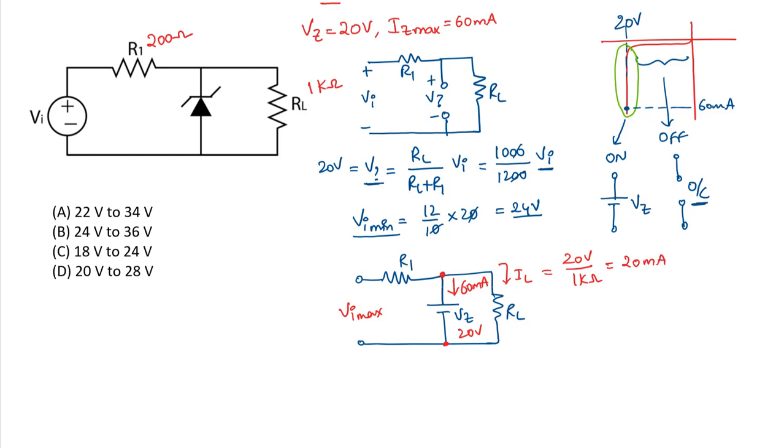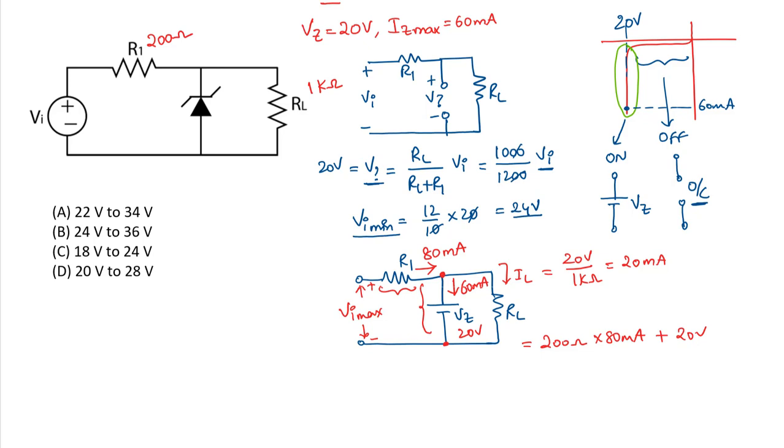So the total current flowing through the current limiting resistor, which is R1, is 60 milliamperes plus 20 milliamperes, which is 80 milliamperes. Now the maximum input voltage will be equal to the voltage across the current limiting resistor plus the voltage across the Zener diode. So the voltage across the resistor R1 is 200 ohms times 80 milliamperes, plus the voltage across the Zener diode, 20 volts.